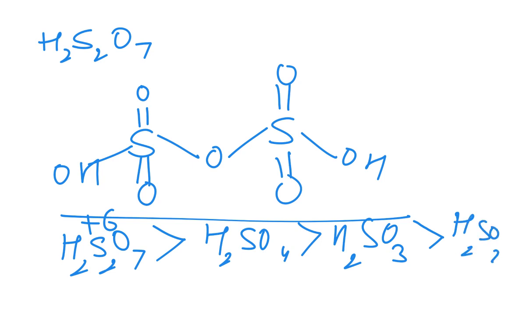So we can say that the higher the number of oxygens, the higher the delocalization, the higher the resonance, the higher the stability of the conjugate base. Here you are at plus 6, then plus 4, then plus 2. In both these you will see that oxygen here is more, so this will be first, then this will be second.